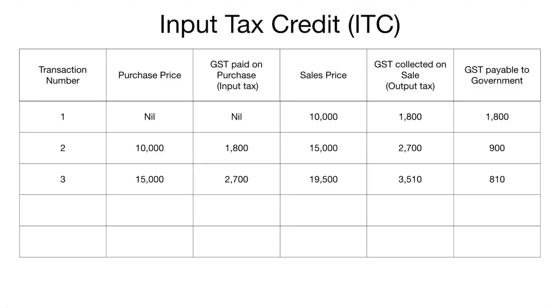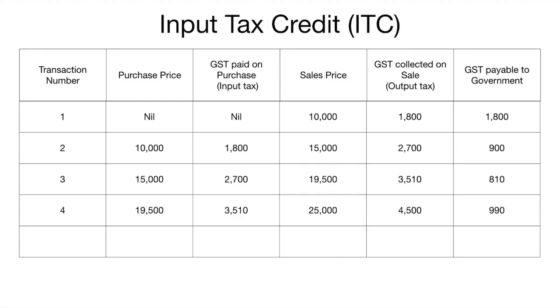Transaction 4. Purchase price 19,500. GST paid on purchase by Ramesh 3,510. Sale price 25,000. GST collected on sale by Ramesh from Sujay 4,500. GST payable to government by Ramesh 990.